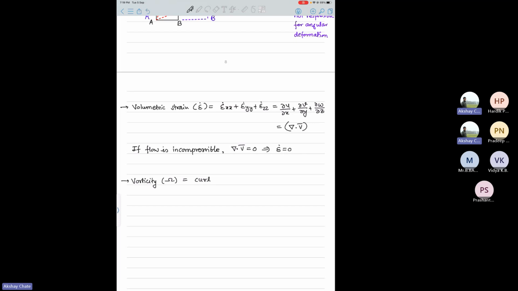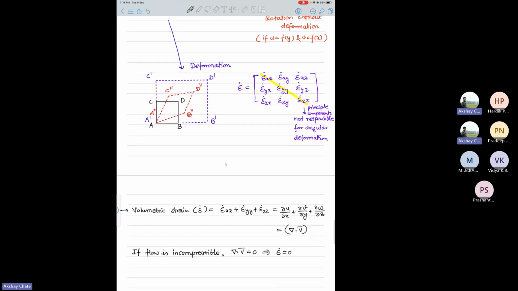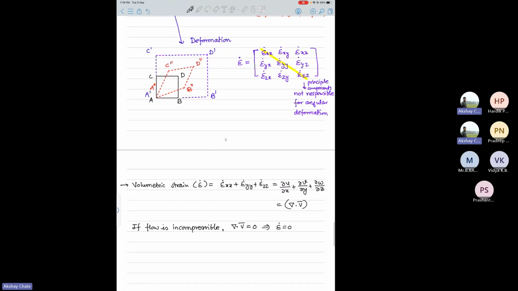Before going to that, I forgot one point. Principal components, I said, are responsible for the deformation along the axis, which is also called normal deformation.